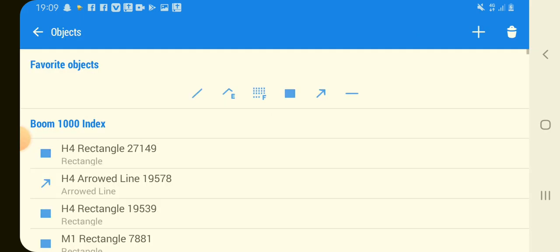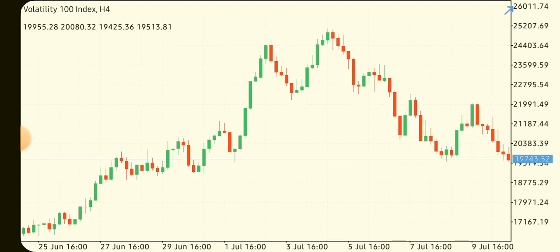Let me show you how I can identify my higher highs and higher lows by using an arrow here. This is a higher low, and this is a higher high, right? And this is a new higher low. This is the previous higher low, this is the new higher low, and this is the new higher high.